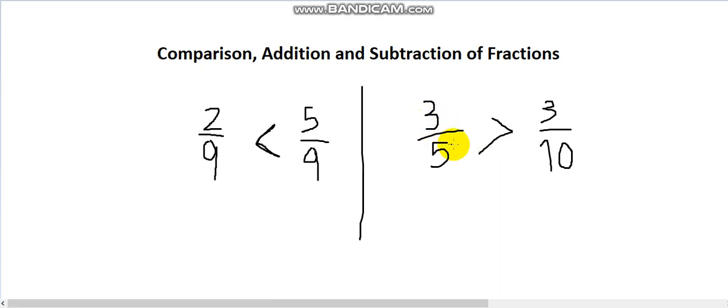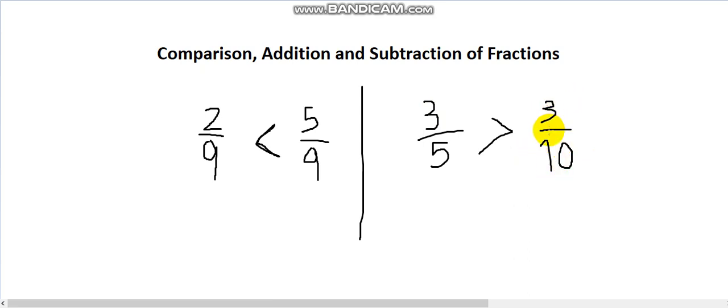Let's say that one person has 3/5 of a pizza and another person has 3/10 of a pizza. What does that mean? It means that this person cut his pizza into 5 pieces and has 3 of them, whereas this person cut his pizza into 10 pieces and has 3 of them.